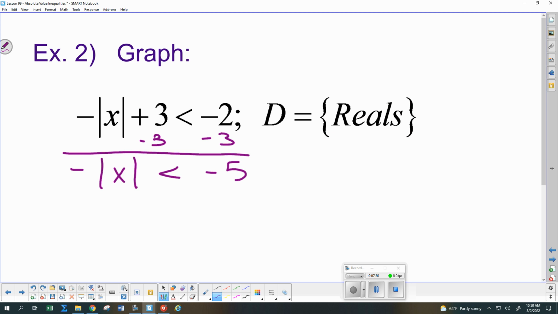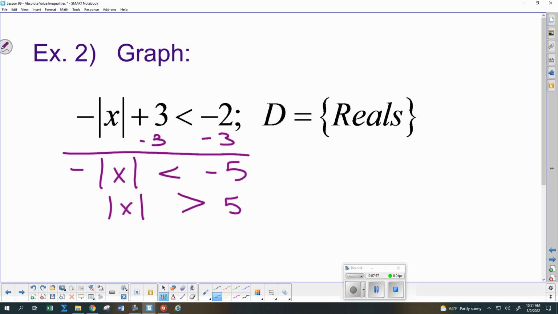Have I isolated absolute value of x? No, because I've got the minus in front of it. Alexander, what do I need to do now? Multiply or divide by -1. So I have absolute value of x and I have +5, and turn the inequality sign so it points the other way.